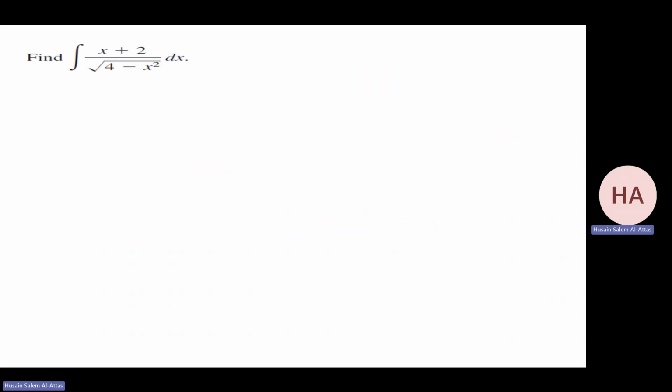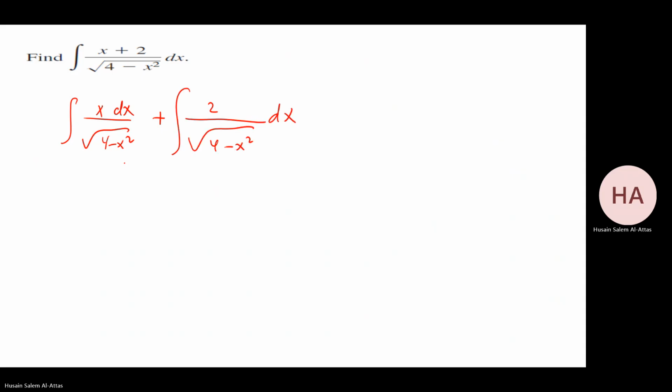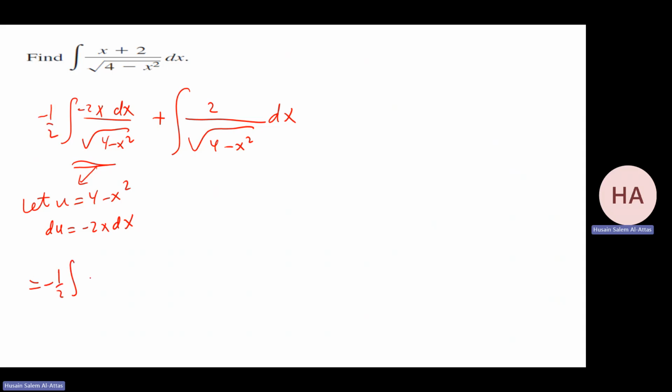This one, I think I need to split it into 2 parts. This is the easy one, just substitution. For this one, let u equal 4 minus x squared. du will be minus 2x dx, so multiply by minus 2 and minus half. So the integral will be minus half u to the power minus half du.